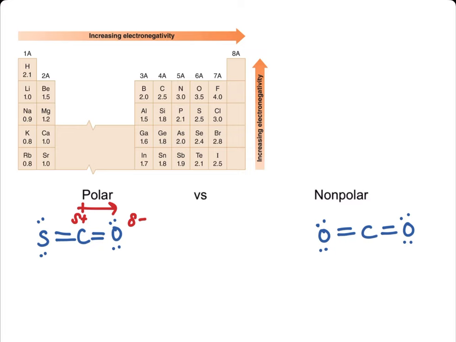Let's take a look at carbon and oxygen in the CO2 molecule. Between carbon and oxygen, oxygen is more electronegative, so it gets the partial negative symbol, and carbon gets the partial positive, and I do that to all the bonds. Then I draw the dipoles.